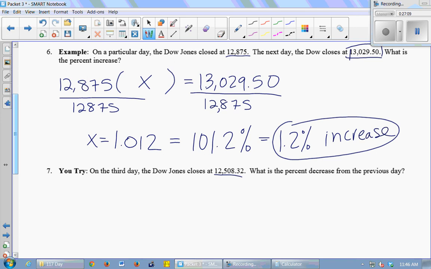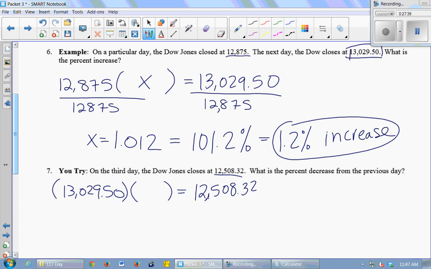So I'm starting with 13,029.5. I've got to multiply by something to create a percent decrease. I know that this something is going to be bigger than or less than 1. Less than. To create a percent decrease, this thing has got to be less than 100%. And that should give me 12,508.32.